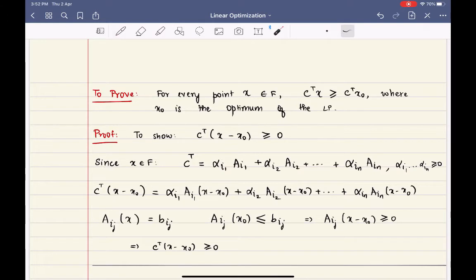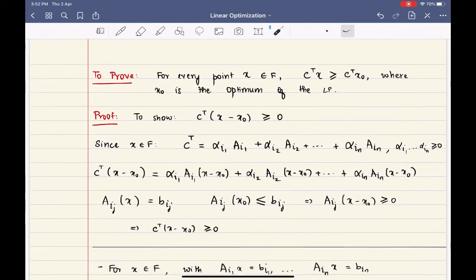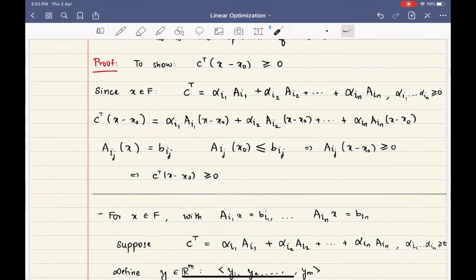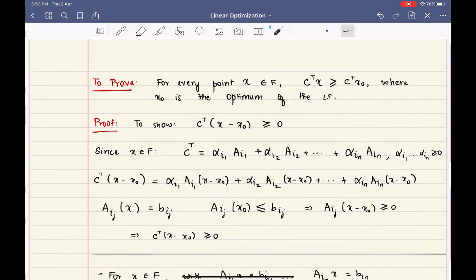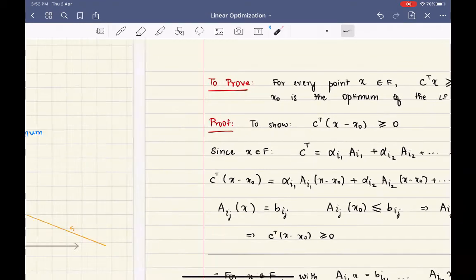Okay, so you can go through this again. We have taken a point in F and we have shown that the cost at that point is bigger than or equal to cost at X0, where X0 is the optimum of the LP. Okay, now so this shows this theorem.